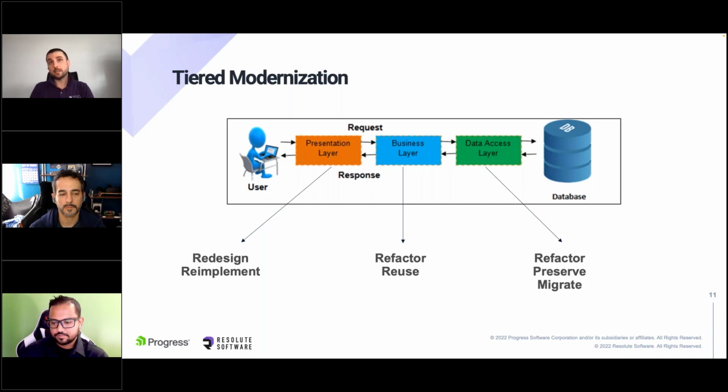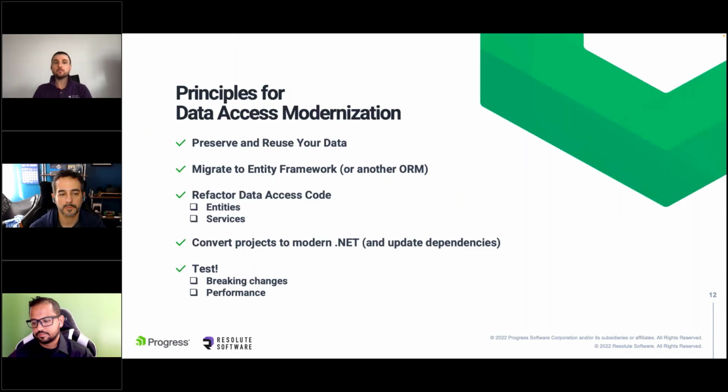And the data access layer is particularly interesting because it's a very sensitive layer for us, where we not only refactor and reuse, but we also most of the time want to preserve the data access capabilities of the system overall. And we'll see how these are achieved through some of the projects that we do.